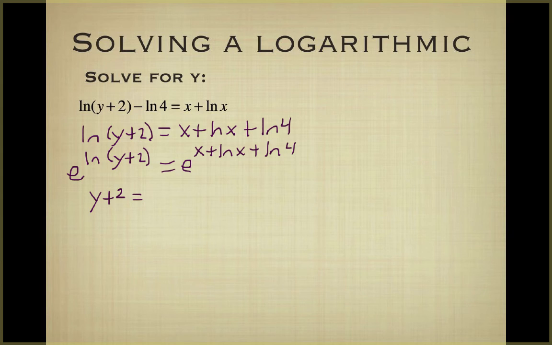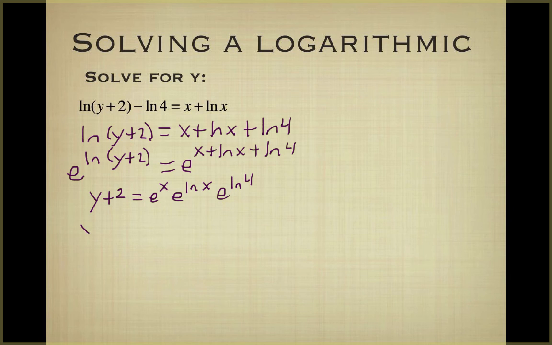On the right, I'm going to break these exponents down into their individual parts. So we have e to the x times e to the ln x times e to the ln 4. Remember, when you have addition in exponents, that's the same as multiplication, as I've shown here.